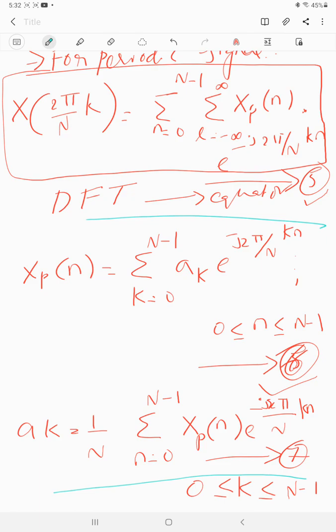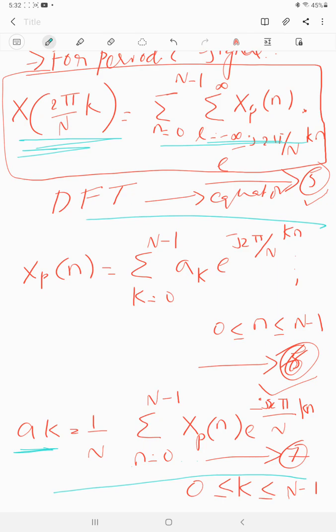By comparing both equations, we can write the value of a_k is equal to 1 by N X of 2 pi by N into k, for k ranging from 0 to N minus 1.